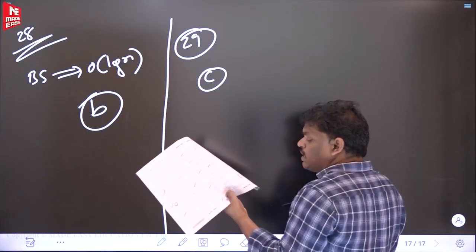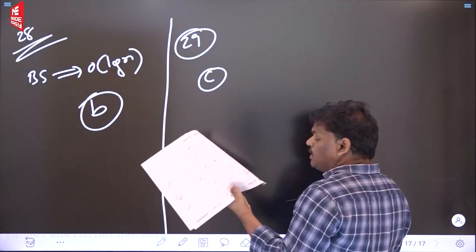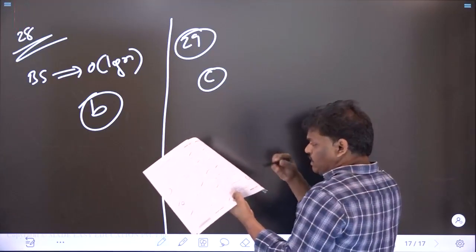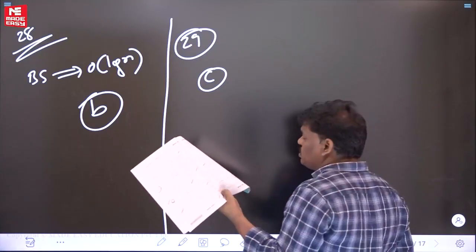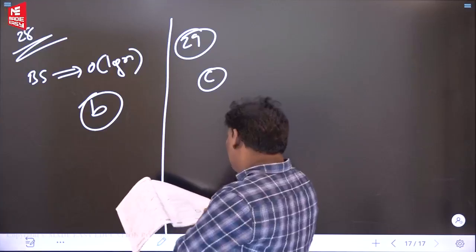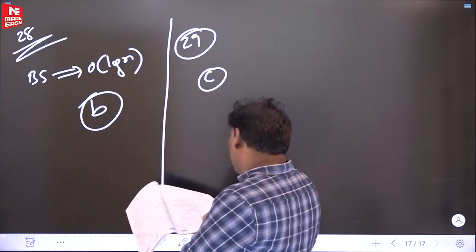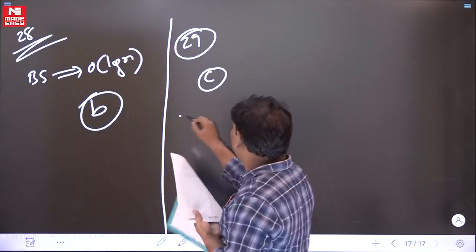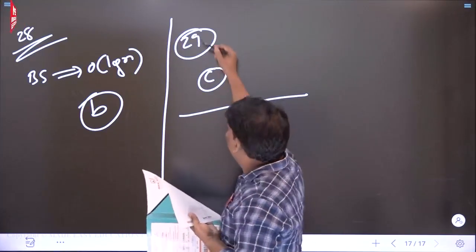What is question number 29 asking? On which one of the following contents of y and x does the program fail? Fail means it never ends. And option C, if you give, it never ends. Please verify properly. Next one. See this one. This algorithm works properly on any input. Question number 30, C.